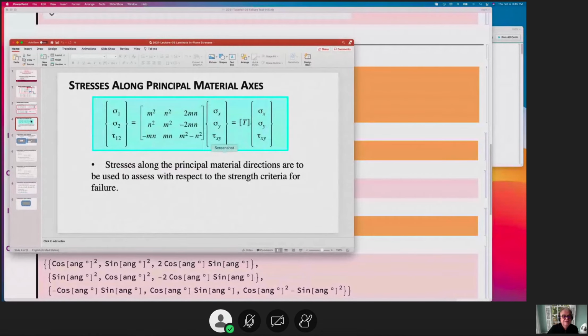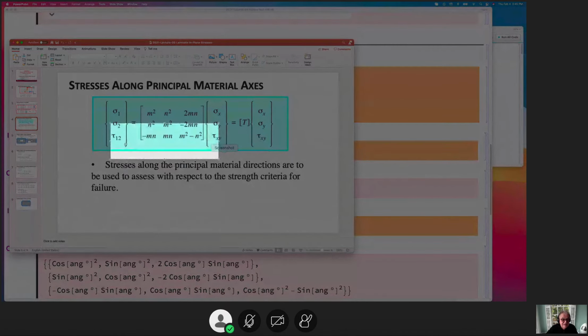I thought I had that relation. Oh, here. Sigma 1, sigma 2, tau 12 is T times sigma x, sigma y, tau xy. Why not? I'll copy that and put it in there as well. It would be useful.